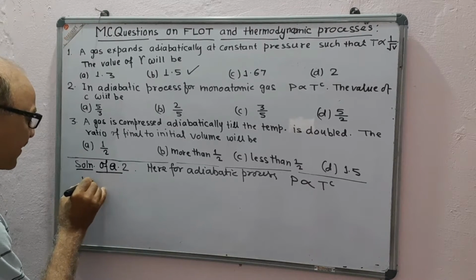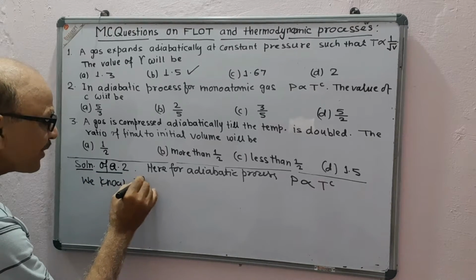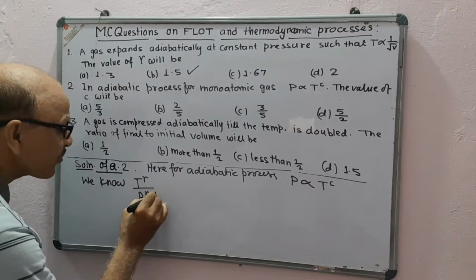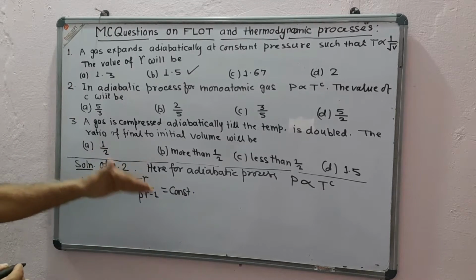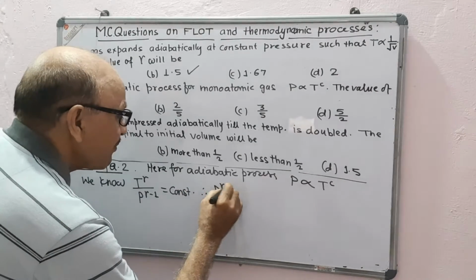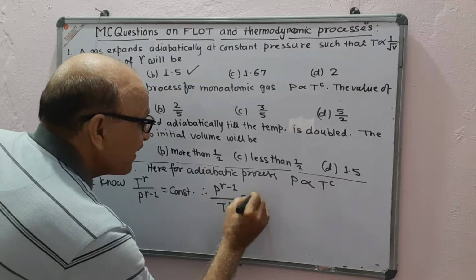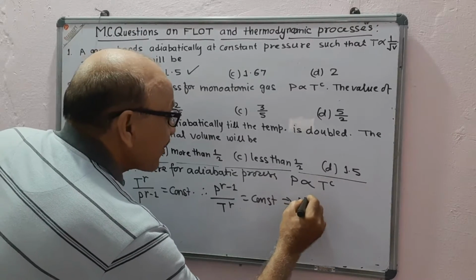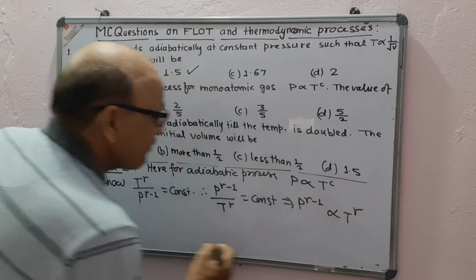We know for an adiabatic process, T power gamma upon P power gamma minus 1 is constant. Then this upon this will be another constant. Therefore, P power gamma minus 1 upon T power gamma will also be constant, which means that P power gamma minus 1 is directly proportional to T power gamma.